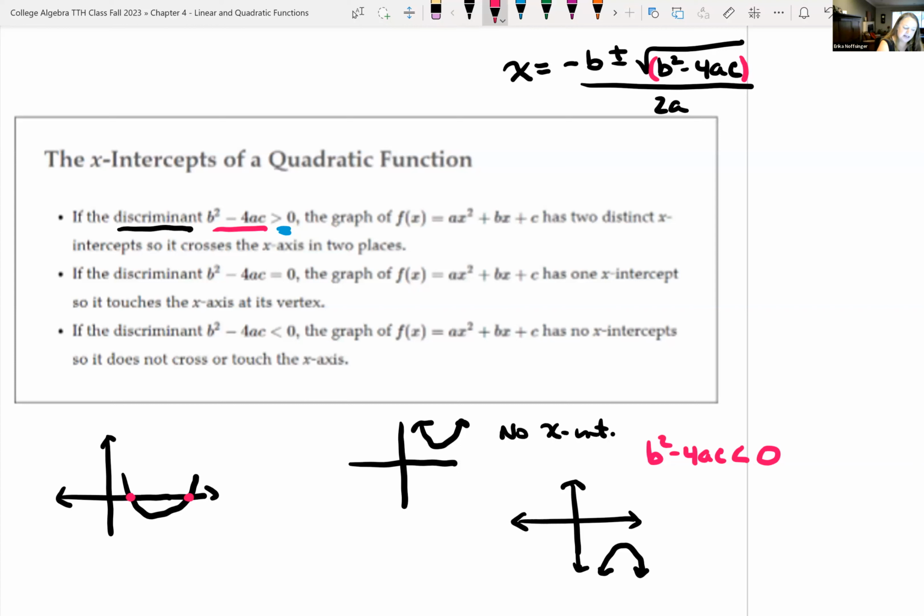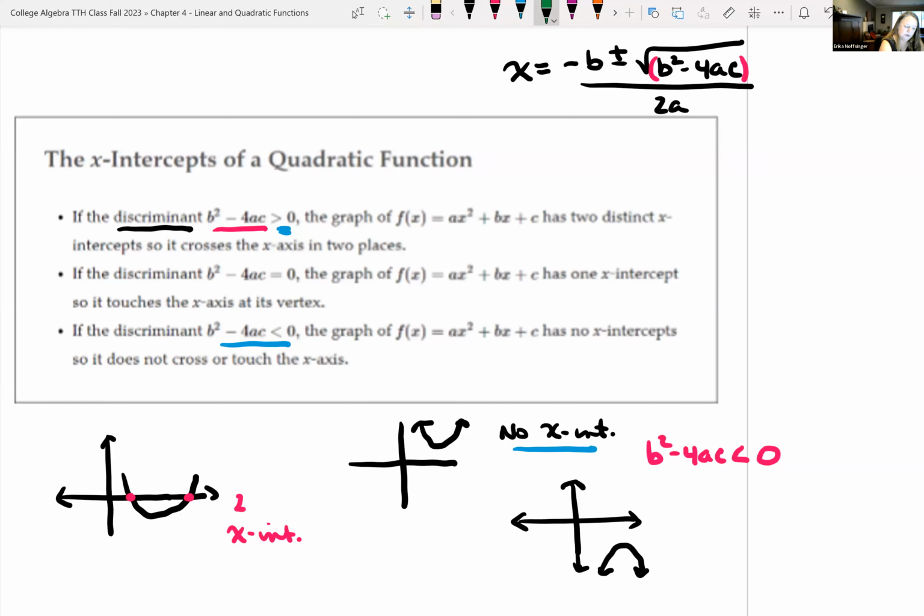So this would have 2 distinct real solutions. So 2 x-intercepts. So we saw if it was less than 0, there was no x-intercept.